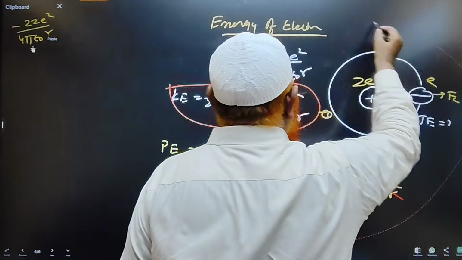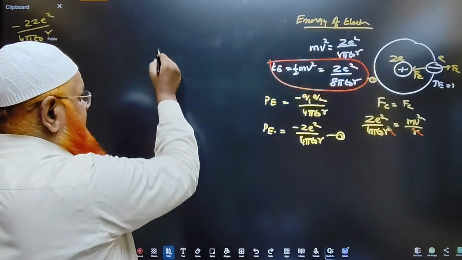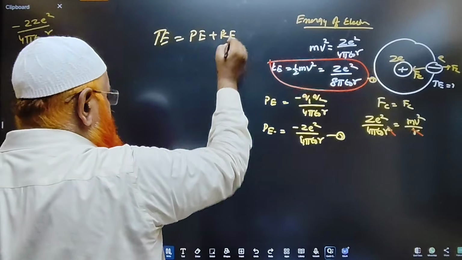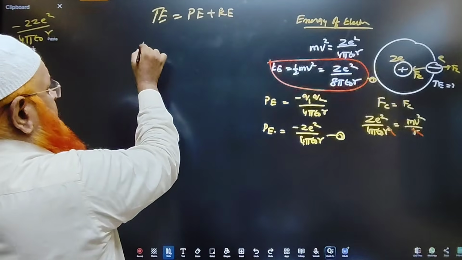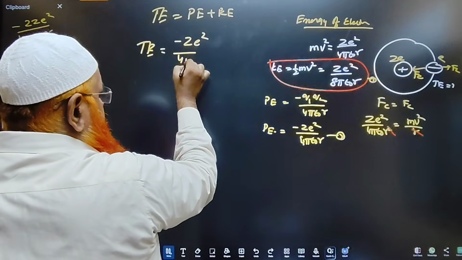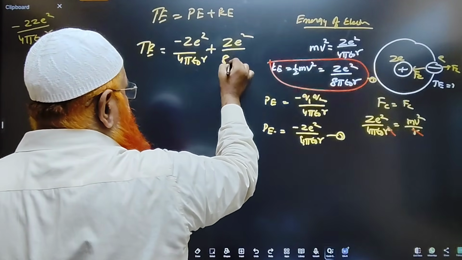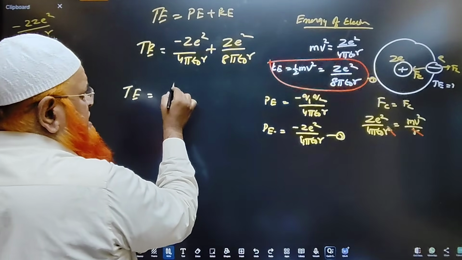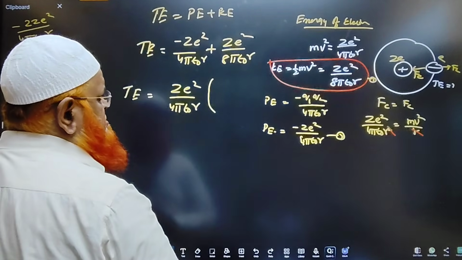Now I want the total energy. Total energy is going to be the sum of potential energy plus kinetic energy. Adding the two, total energy is minus Ze square by 4 pi epsilon naught R plus Ze square by 8 pi epsilon naught R. You can take common Ze square by 4 pi epsilon naught R. If you take it common, what is left?